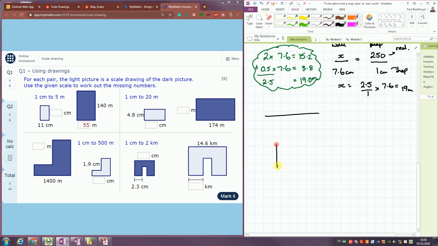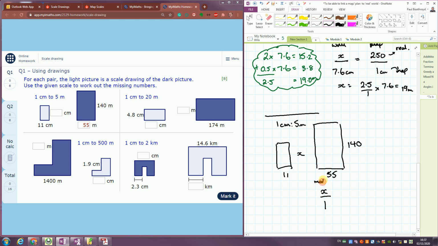If I'm going from something which is 11, and I want to know that length, I now know two sides which are the same. 55. So this is 1 centimetre is 5 metres, and I can calculate x, which is the small version.